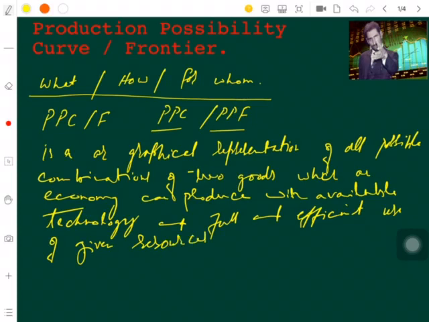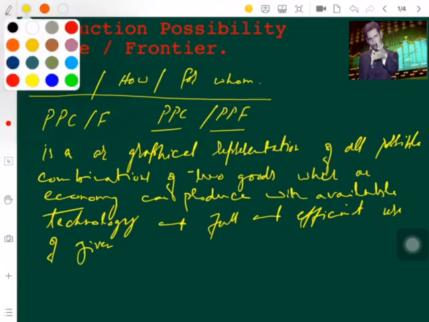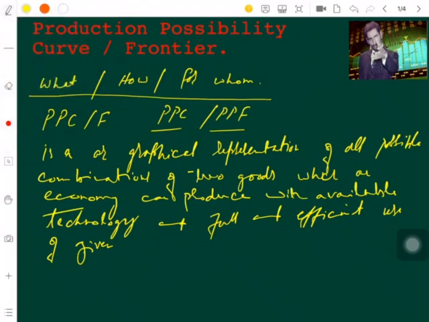So here now you are able to understand a few words which are going to explain a lot of things. Resources. Now let me underline a few important things for you in this definition.